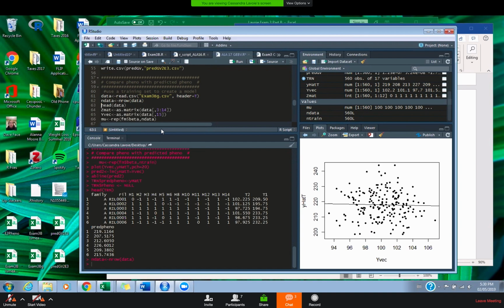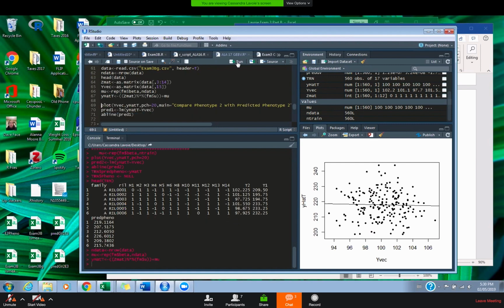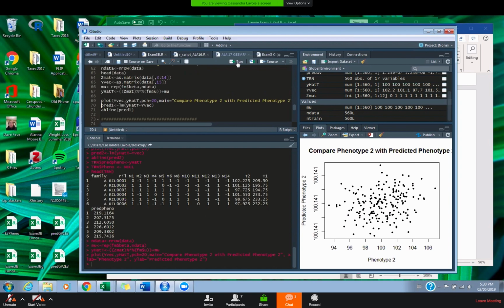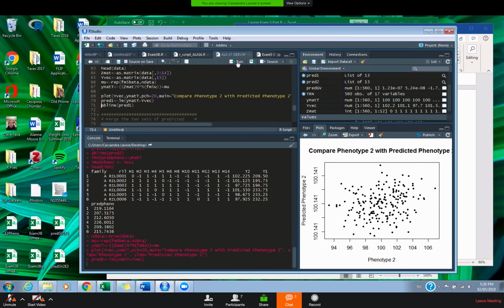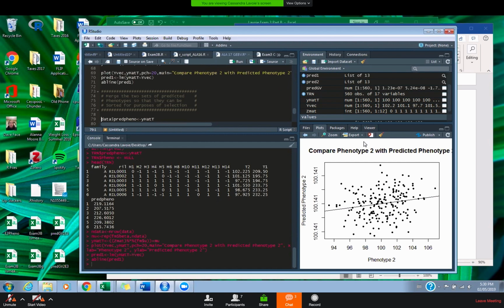Mine, I didn't do any of the data stuff again. I just started with the MU rep part. Effect dollars in beta. If I don't do that again, it'll be fine. And did you take that graph out? Yes. Okay.